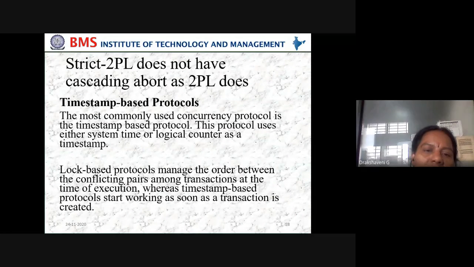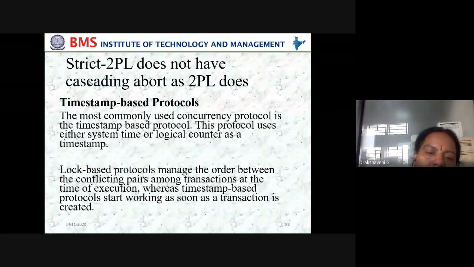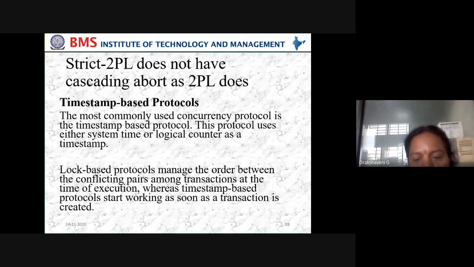Timestamp-based protocol. The most commonly used concurrency control is the timestamp-based protocol. This protocol uses either system time or a logical counter as a timestamp. Locking-based protocols manage the order between the conflicting pairs among transactions at the time of execution, whereas timestamp-based protocols start working as soon as the transaction is created.